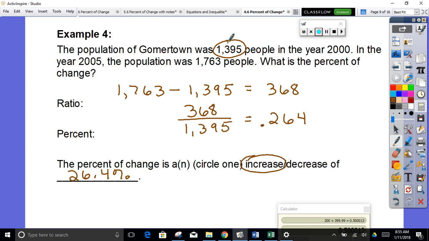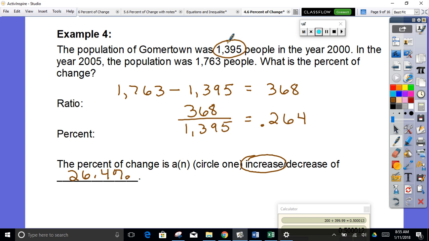Jake? How do you know which number goes first? Because I wrote it as 1,395 minus 1,763. You always take the end minus the start so that you get the correct positive or negative number. So the population of Gomertown was 1,395 people in the year 2000.